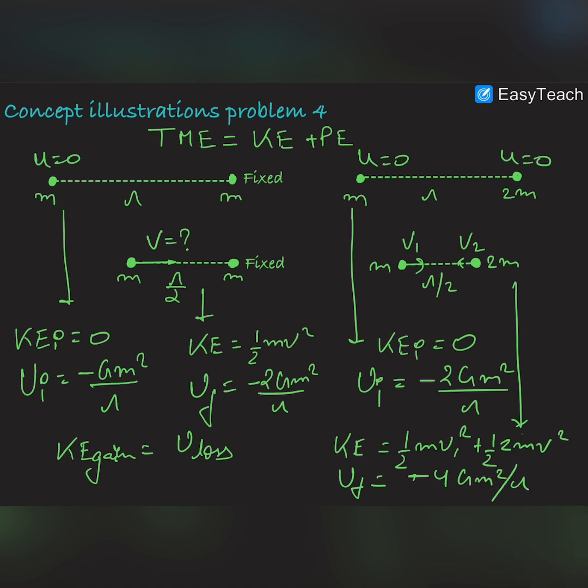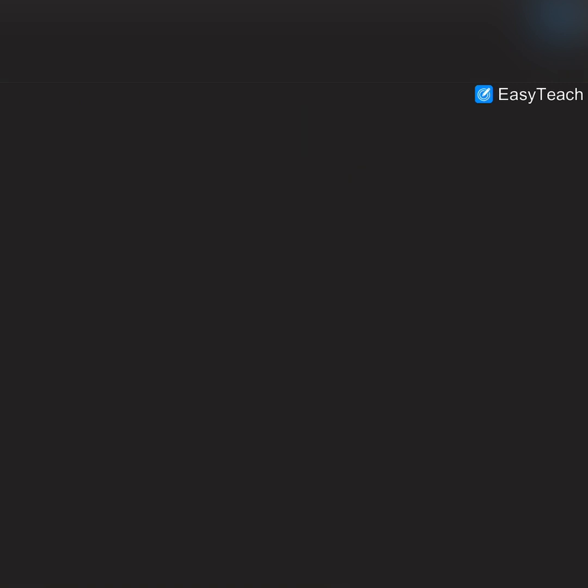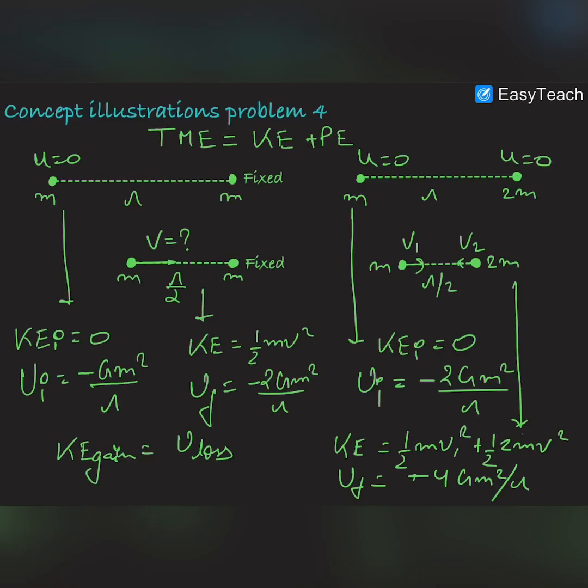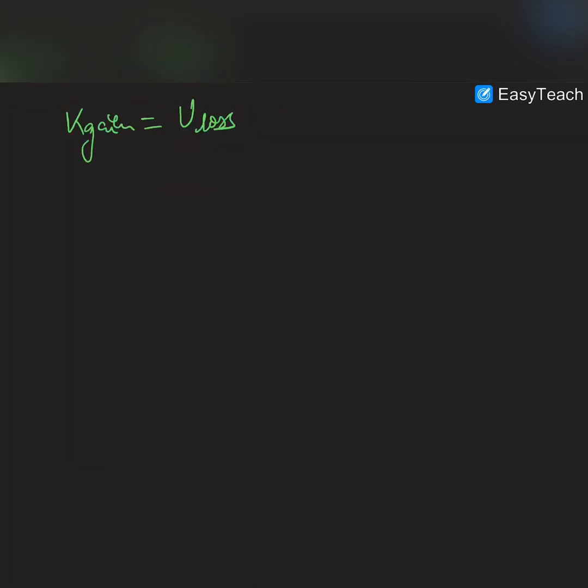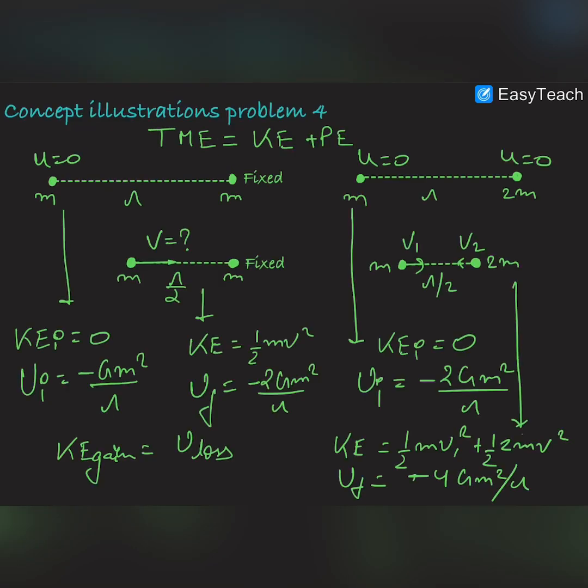Again, we use the same principle: the gain in kinetic energy will be equal to the loss in potential energy. So the equation will be half m v1 square plus half 2m v2 square equal to the loss in potential.